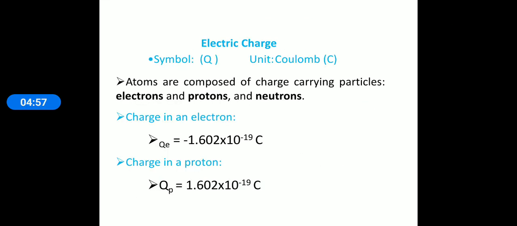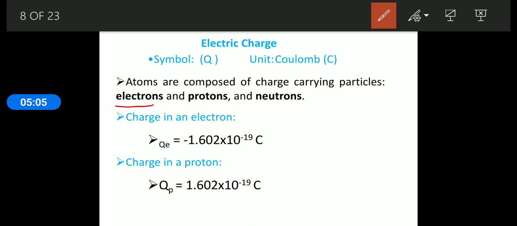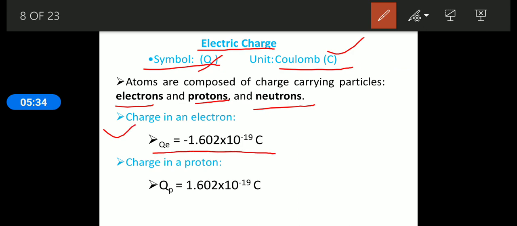Then electric charge. The atom consists of proton, neutron and electrons. The symbol of electric charge is Q, that is, electric charge is denoted by Q. The unit of electric charge is coulomb, denoted by C. The charge on an electron is minus.